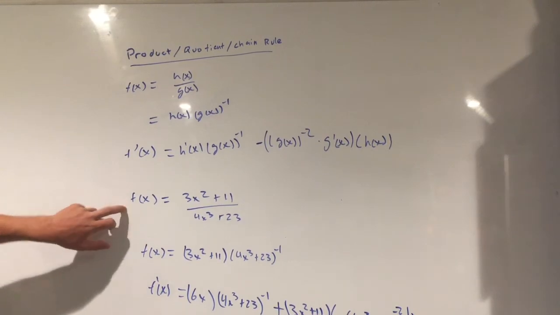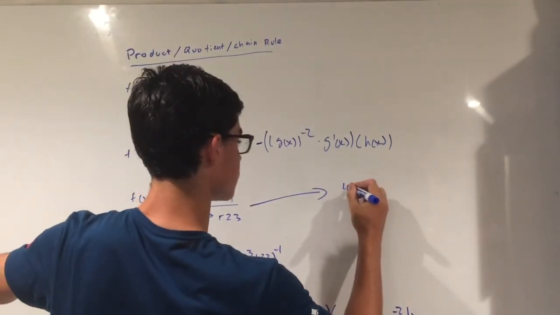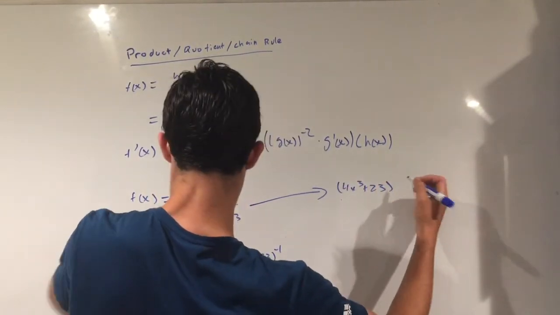Now, on the contrary, if we had done this through a quotient rule, we would have the following equation.